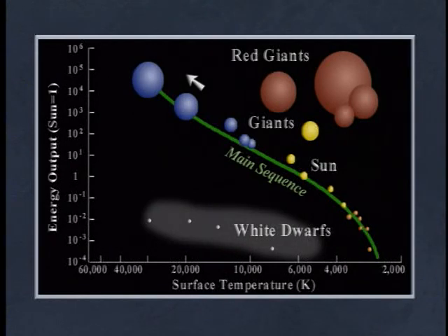Two other common groupings of stars fall well off the main sequence. In the upper right corner, over here, there are relatively cool stars that nevertheless give off huge amounts of energy. These stars have been termed red giants because the only way a cool star can give off so much radiation is to be very large. And then at the bottom of the Hertzsprung-Russell diagram, by contrast, is this group of relatively small hot stars with surprisingly low energy output.